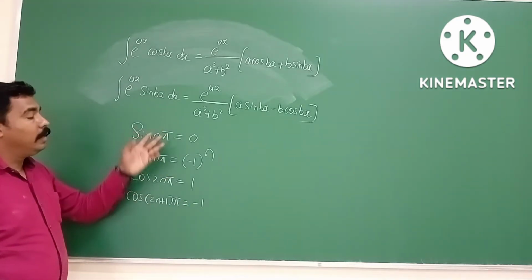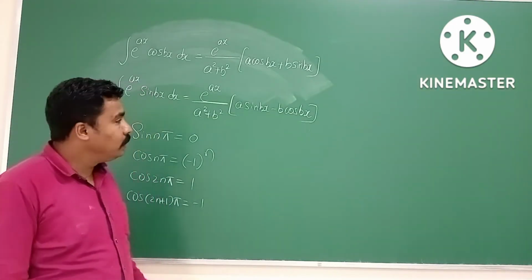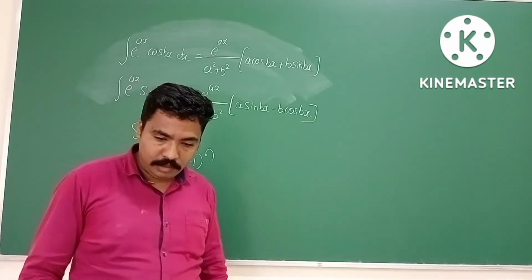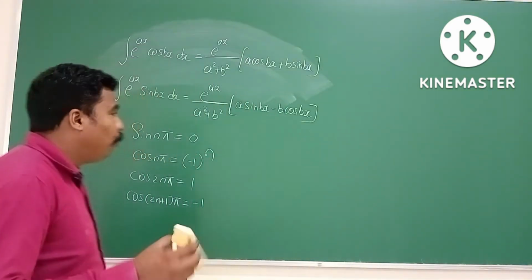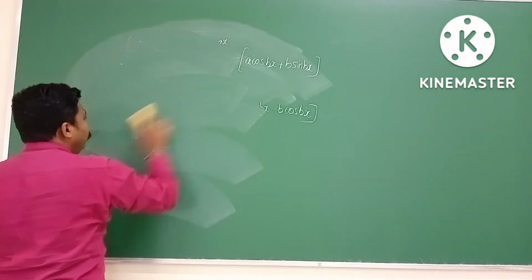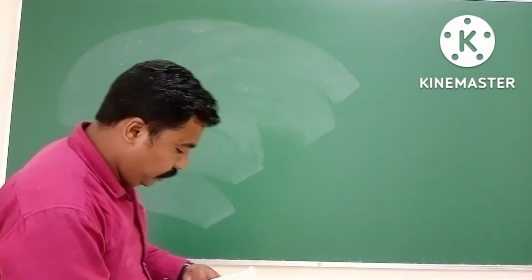If we know all these things, then the Fourier series concept is somewhat easy, because the Fourier series is nothing but completely integration. Now I'll move on to one simple problem in Fourier series. We'll solve that. Very simple, as I told, there are no major difficulties.